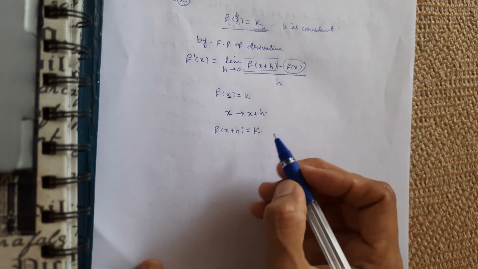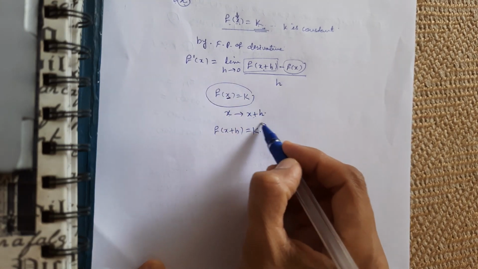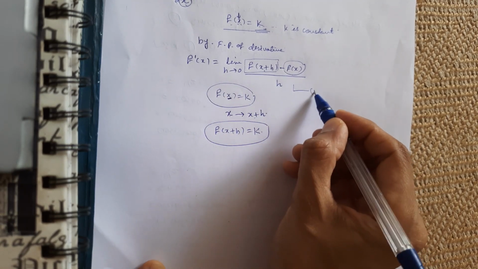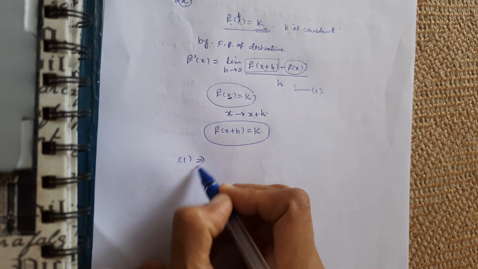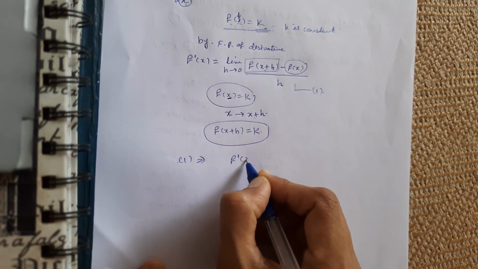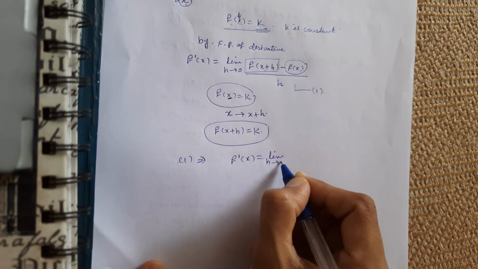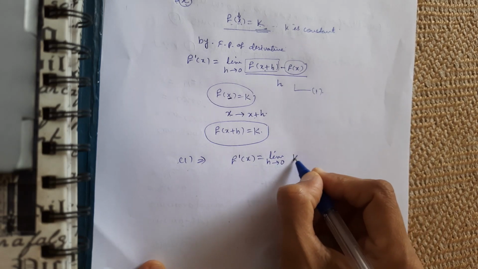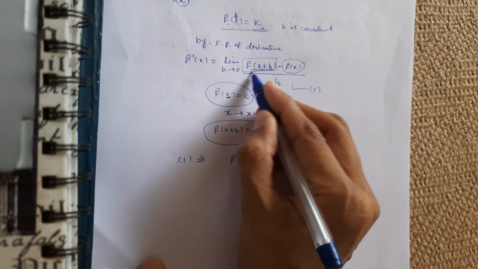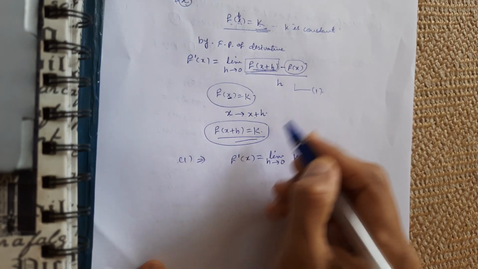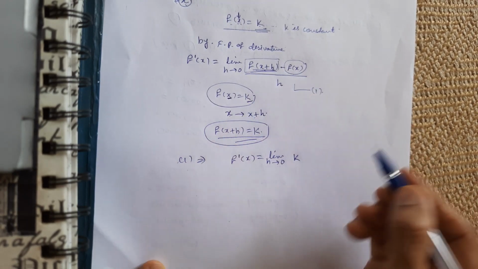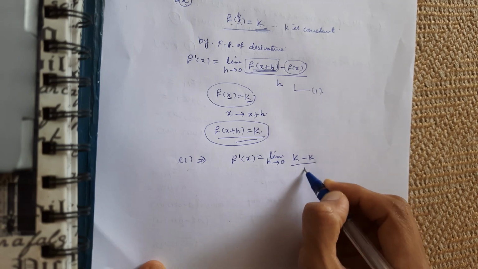Okay, now I will substitute these values of f of x and f of x plus h into equation 1. So equation 1 implies f dash of x equal to limit h tends to 0, k, this is f of x plus h, minus f of x, which is again k, upon h.